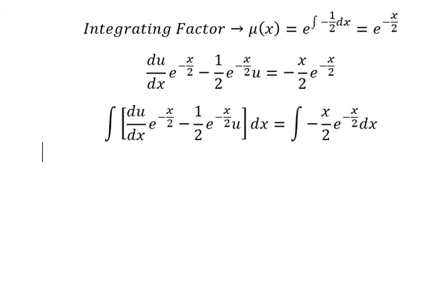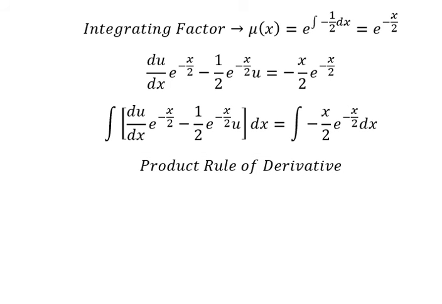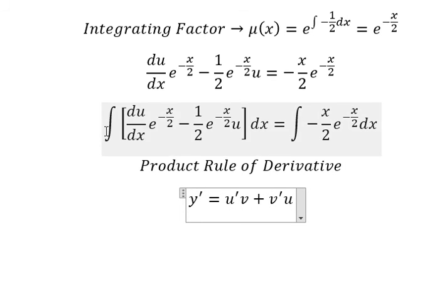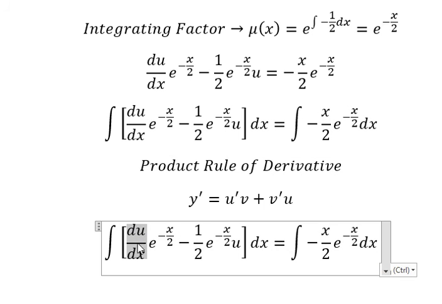Now we can apply the product rule of derivative. So I will put first derivative of y equals first derivative of u multiplied by v plus first derivative of v multiplied by u. So in this situation, we see that this is first derivative of u multiplied by v.